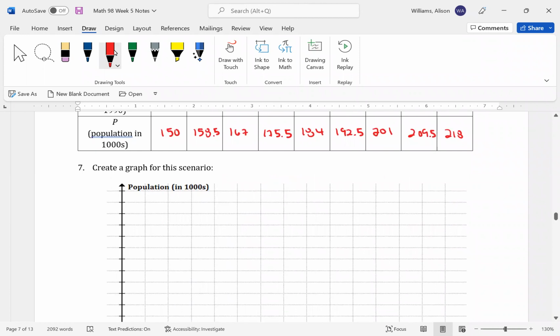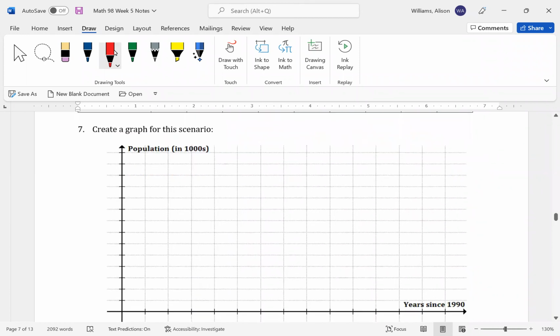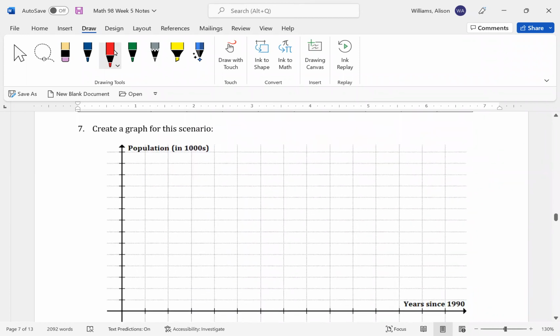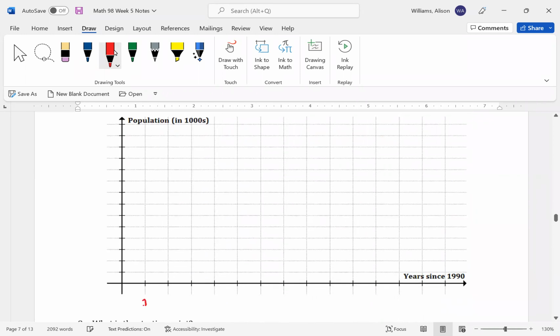I'm only going up to 218. Tick marks here will still go 1, 2, 3, 4, 5, 6, 7, 8, 9, 10. That's the year 2000, and so forth. I still think there's 14 tick marks.